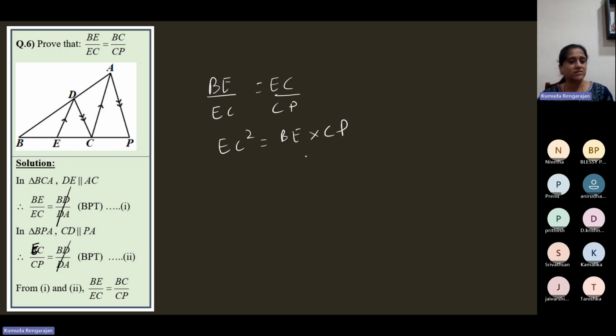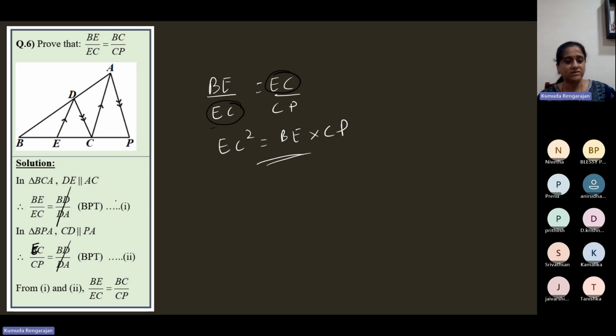So when do you get a result like this? You would have written two proportions, compared the two proportions, and got a new proportion. In the new proportion, when you cross multiply, you can get a result like this. But in the earlier case, when you cross multiply, you will not get anything like that because all the four line segments are different: BE, BC, EC, CP. Here, this denominator and this numerator are the same, so when you cross multiply, you get EC square is equal to BE into CP.